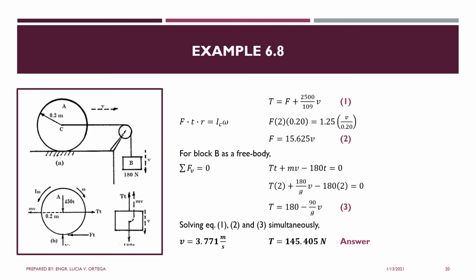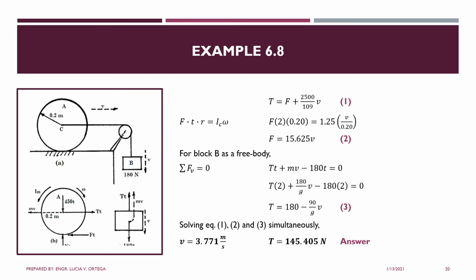Substituting the given time and the weight or mass 180 over g. Simplifying, we have this equation 3. So we have equation 1. We have three variables, T, F, and v. This is F and v, and T and v.